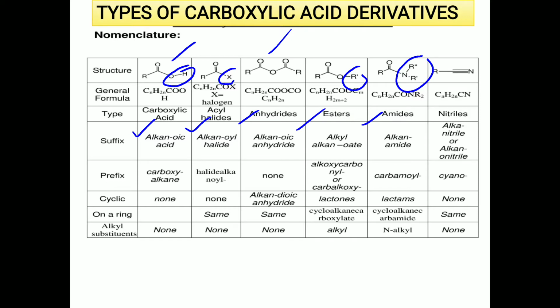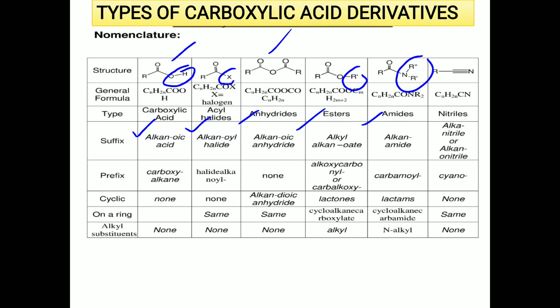This gives you amides. The general formula for amides is CnH2nCONR2, and the basic structure is RCONR'R'', where R' and R'' are the carbon chains connected here.